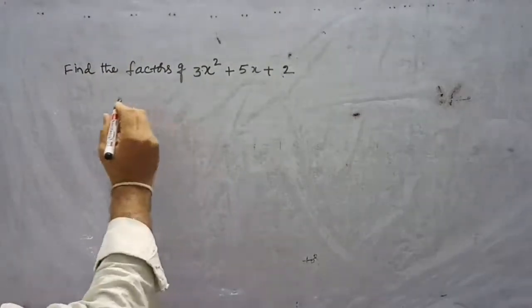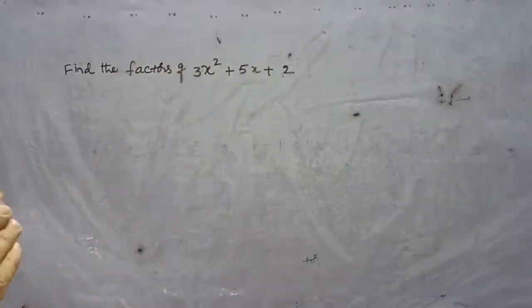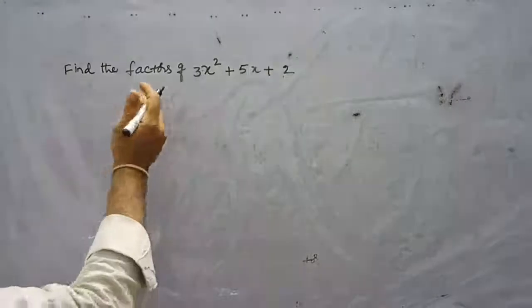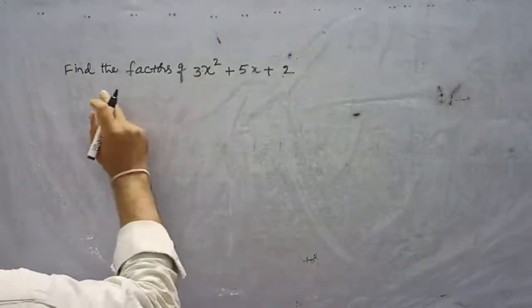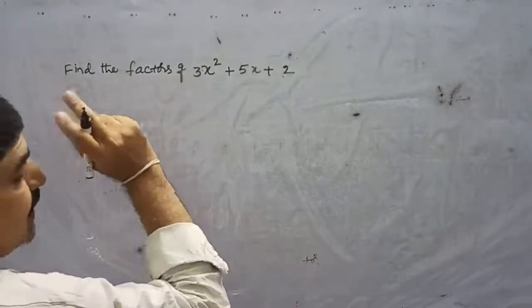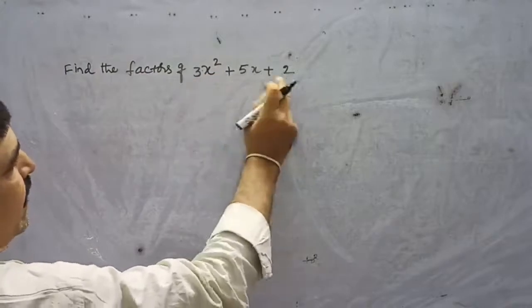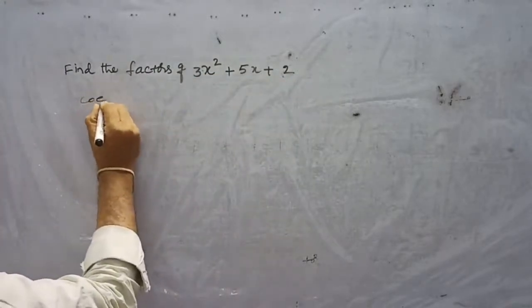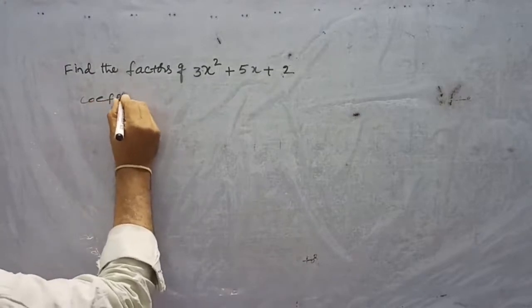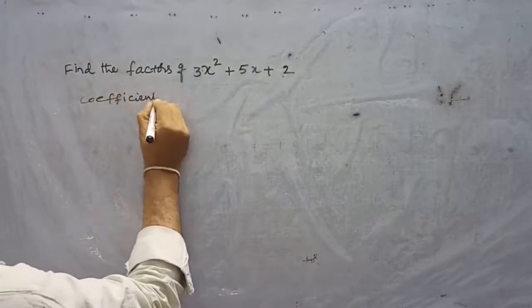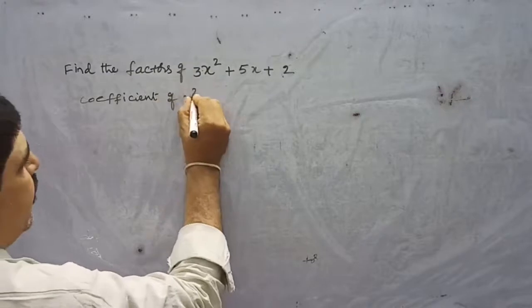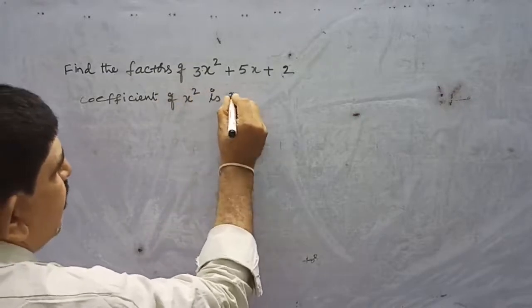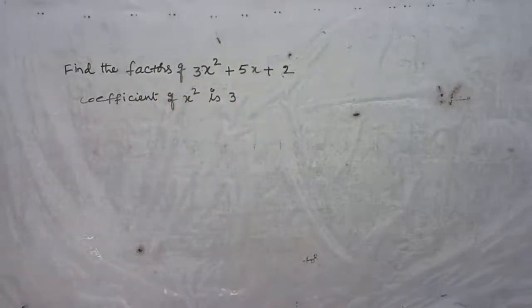Now, according to the rules, the first step is to take the product of the coefficient of x square and the constant. The coefficient of x square is 3.